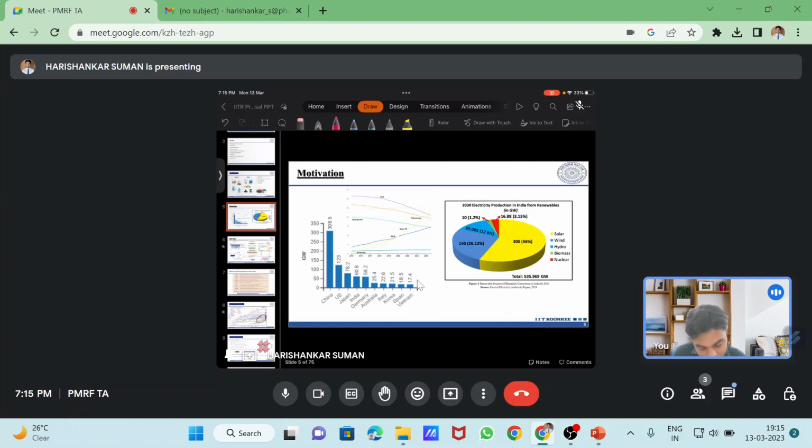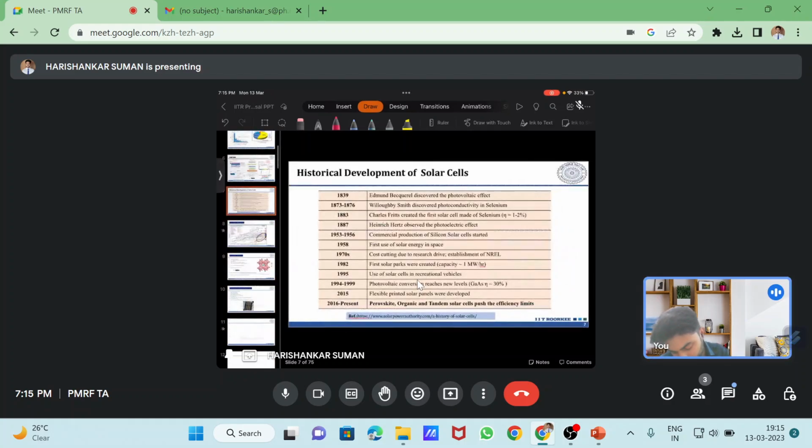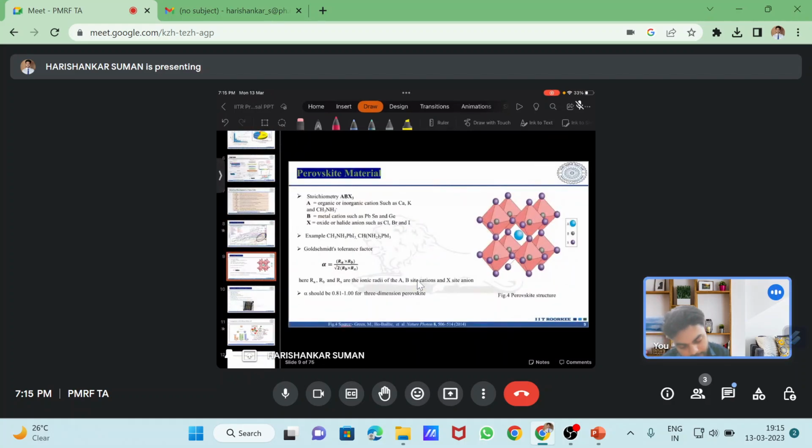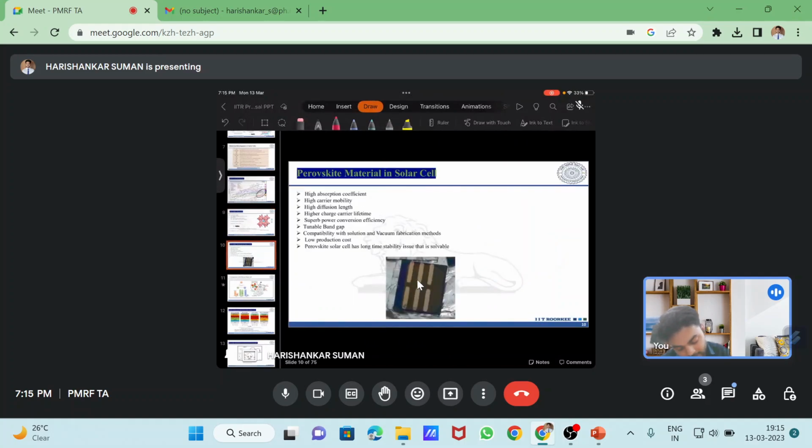This is taken from this source. This is the structure of perovskite, ABX3, and this is the real cell.